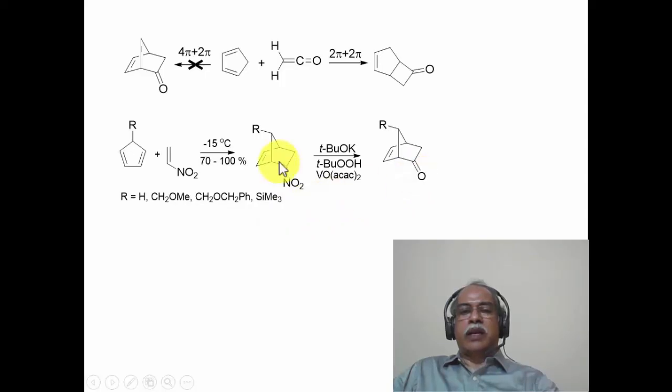If you look under Nef reaction, you will be able to see the mechanism of this particular reaction. This is an oxidative cleavage of a secondary nitro compound to the corresponding ketone under basic, oxidizing condition. So nitroalkene is actually acting as a ketene equivalent because it produces the ketone which would have otherwise been obtained from the reaction of the ketene with the cyclopentadiene.